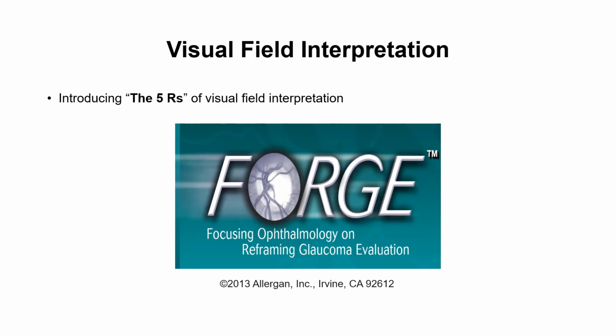Coming now to presenting the 5 R's, the 5 rules, in visual field interpretation. And I would like to thank the popular lecture on this topic, the Forge lecture, focusing on ophthalmology and reframing glaucoma evaluation, which was done and sponsored by Allergan in 2013.